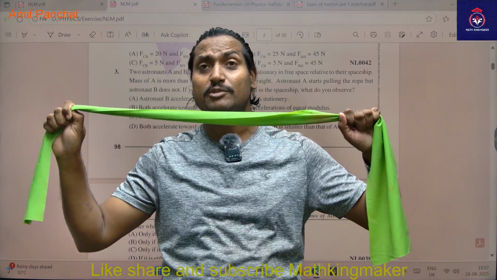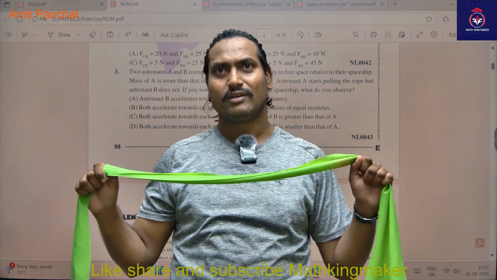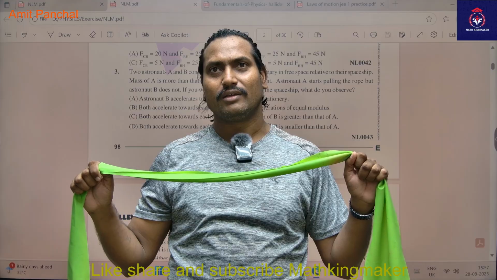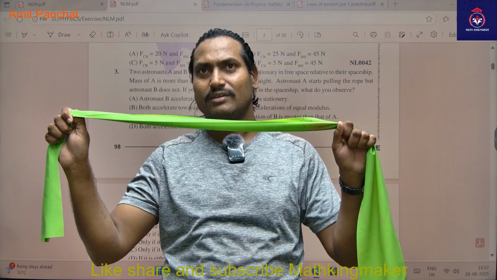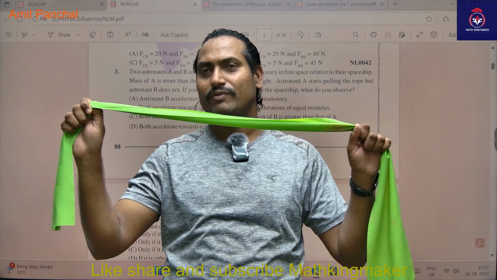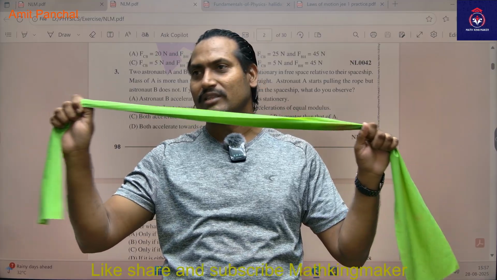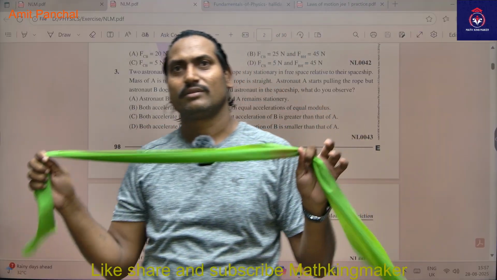But in space things are different. They are not fixed in space. So if you pull like this, there will be tension applied from both of the hands.